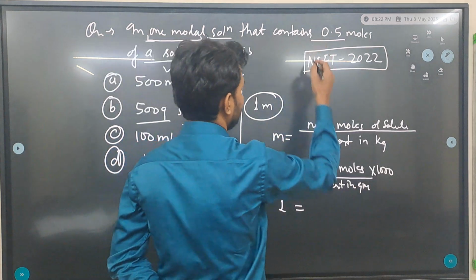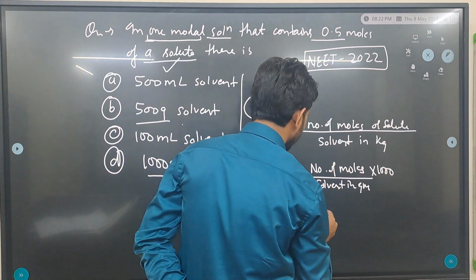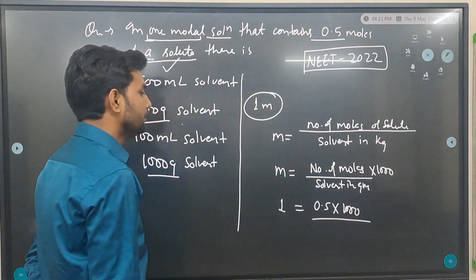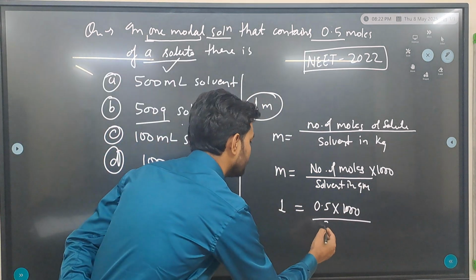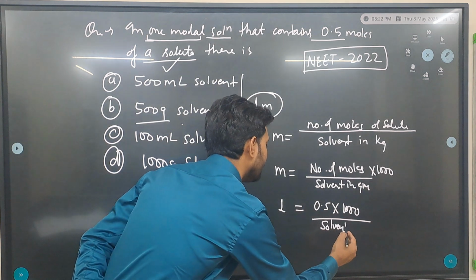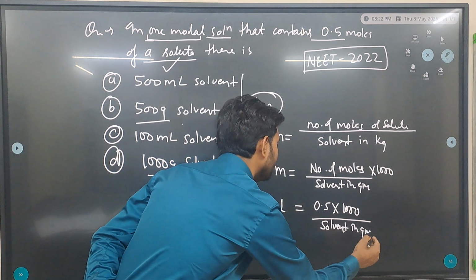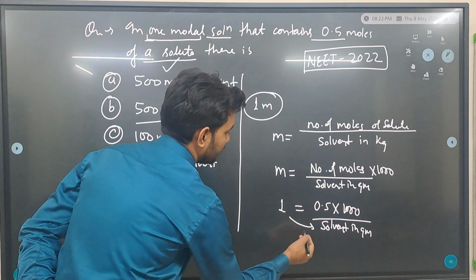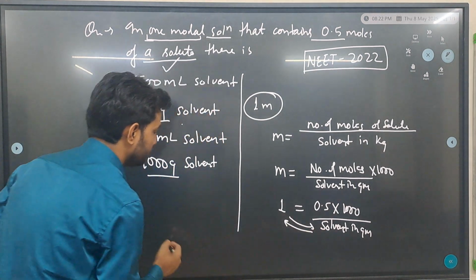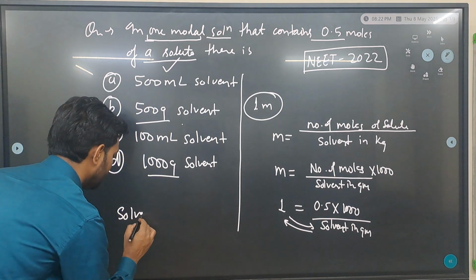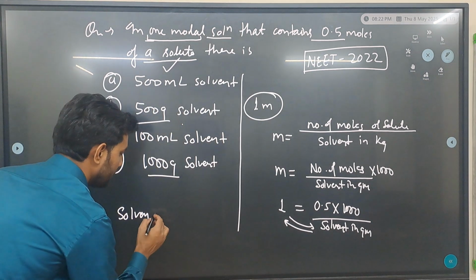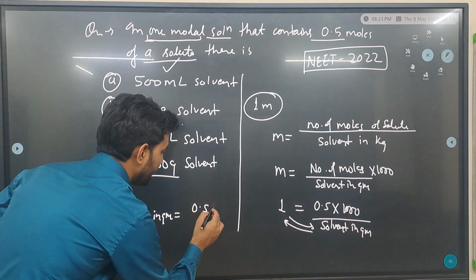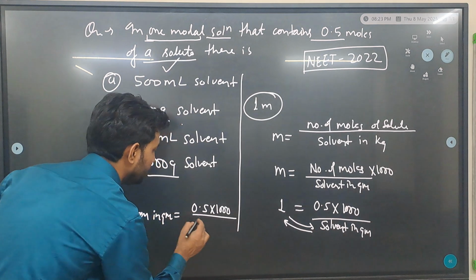So molality 1 is equal to number of moles, which is also given as 0.5 mole, into 1000 divided by solvent in gram. The solvent in gram is not given, so we calculate it. Solvent in gram will be equal to 0.5 into 1000 divided by 1.